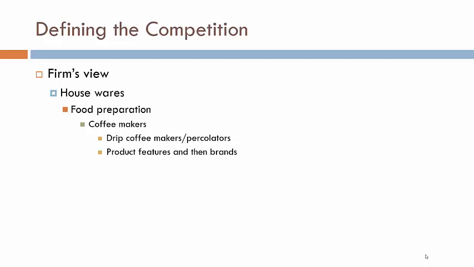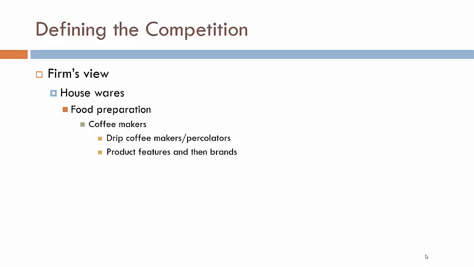This would be the product class or product category. Then, within the class of food preparation appliances come coffee makers and espresso machines, such as Keurigs, as even closer competitors. These are the different product types.